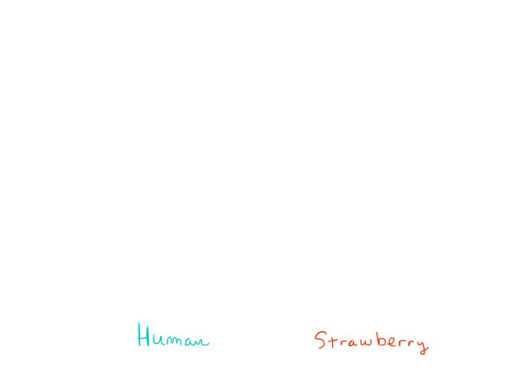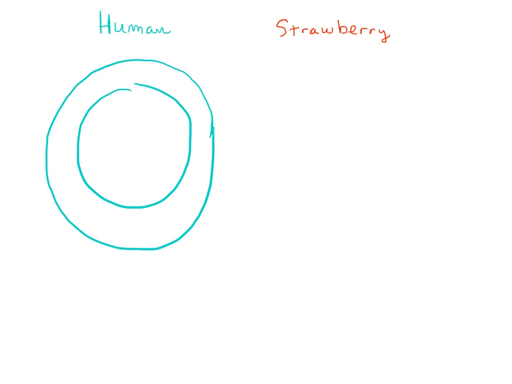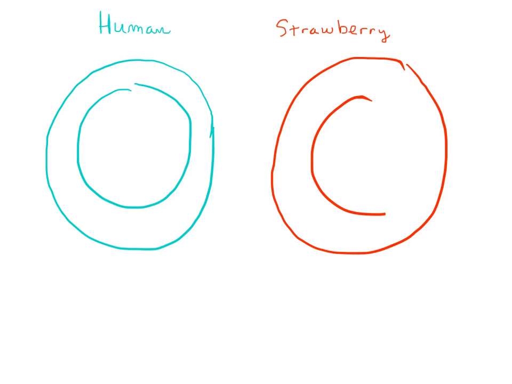To clarify, let's compare a human and a strawberry. We'll draw a human cell on this side, and there's the nucleus, and a strawberry cell on this side. Humans have 23 types of chromosomes, so N equals 23. And they come in pairs, so humans are diploid, abbreviated by the letters 2N.